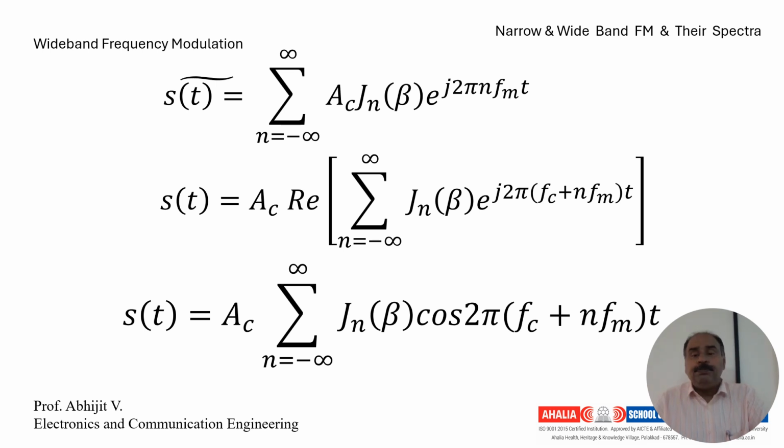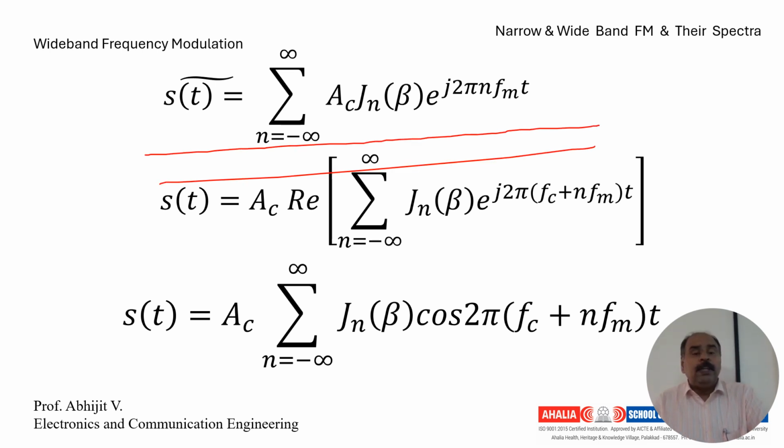So here, in this equation, we take up the real part of S of t. We get the real part here, Ac is a constant, the carrier amplitude is taken outside, and the real part of the sum from n equals minus infinity to infinity of Jn of beta e raised to j 2 pi (fc plus n fm) t.